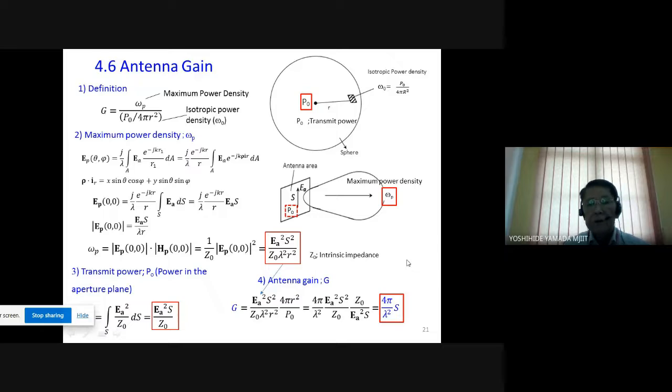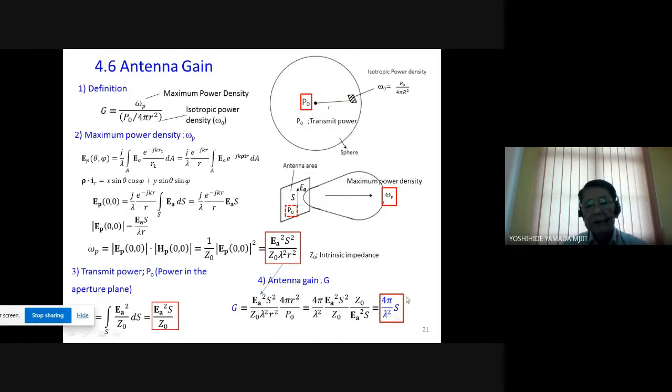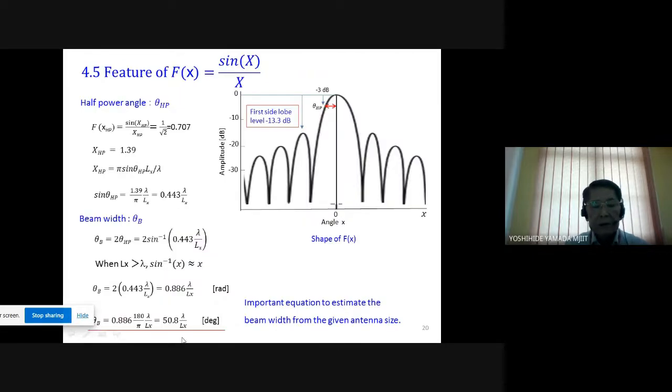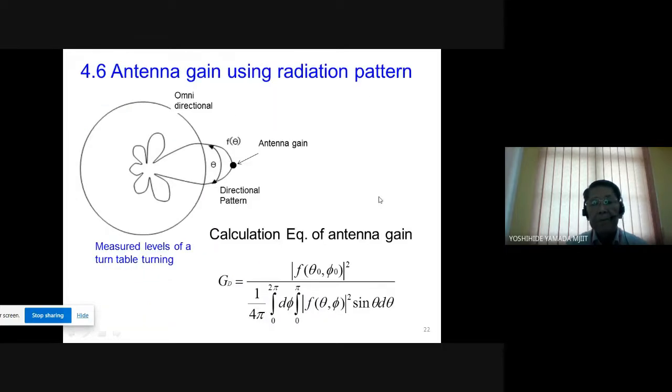So we obtain the beam width with this equation and the gain with this equation. So we can estimate the beam width and the antenna gain when the aperture is larger than 2 wavelengths, or over 10 wavelengths.